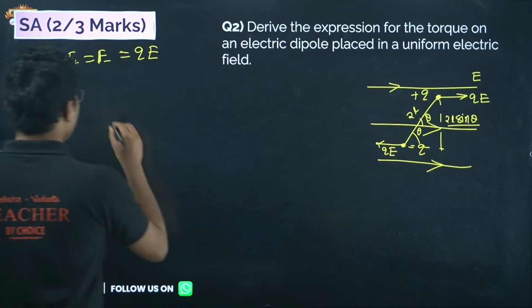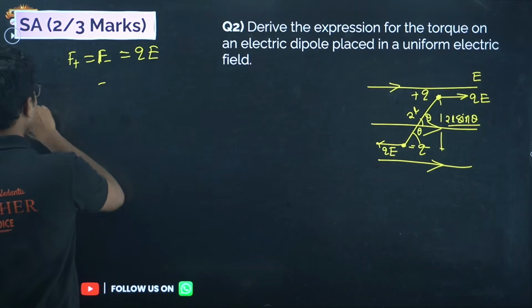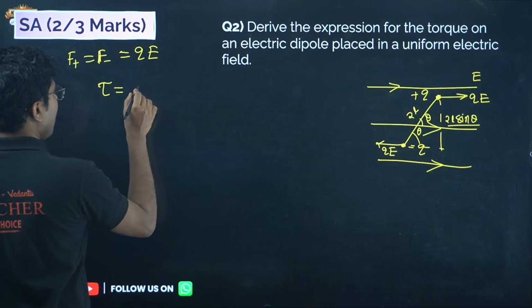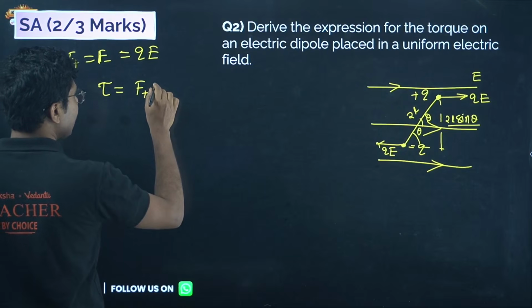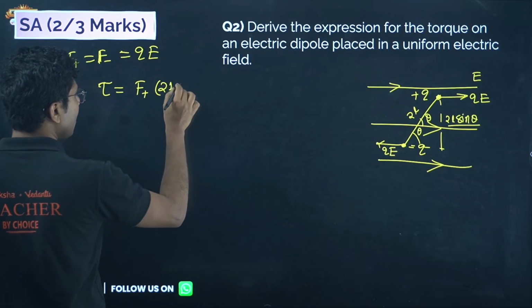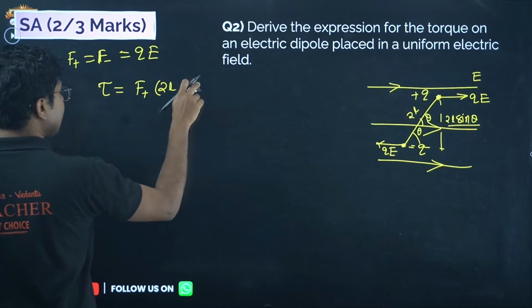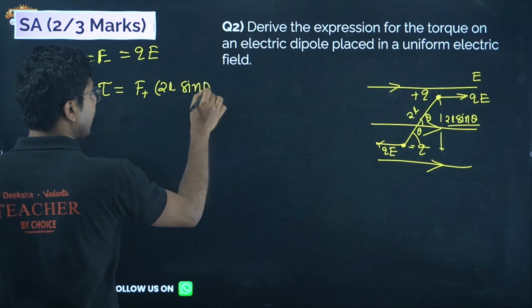Now torque acting is given by, you can take any of the forces and the distance between them, that is 2L sin theta. So the perpendicular distance you have to consider, not any distance.